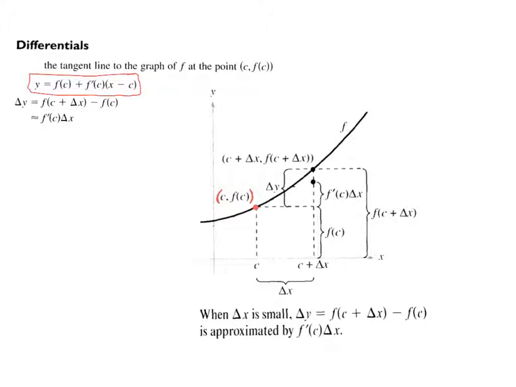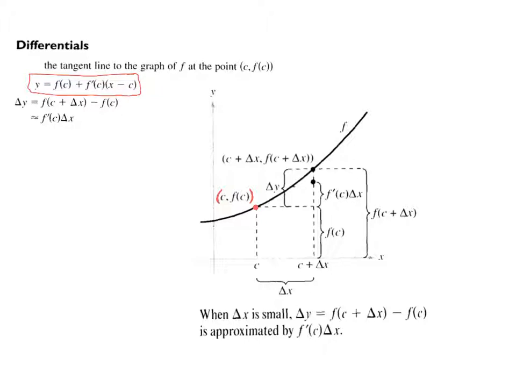However, what we're finding here, if we wanted the change in y, is the y coordinate minus whatever f of c was. That's this delta y. The f of c is the point we're ending up at.